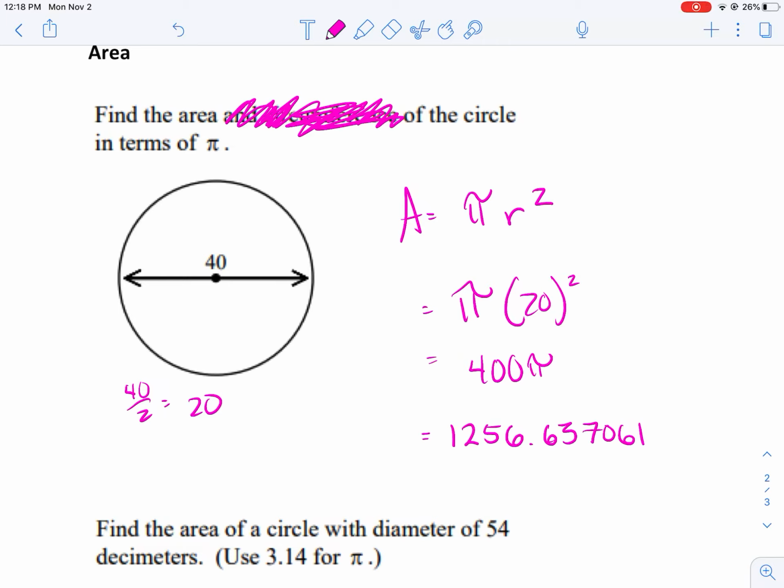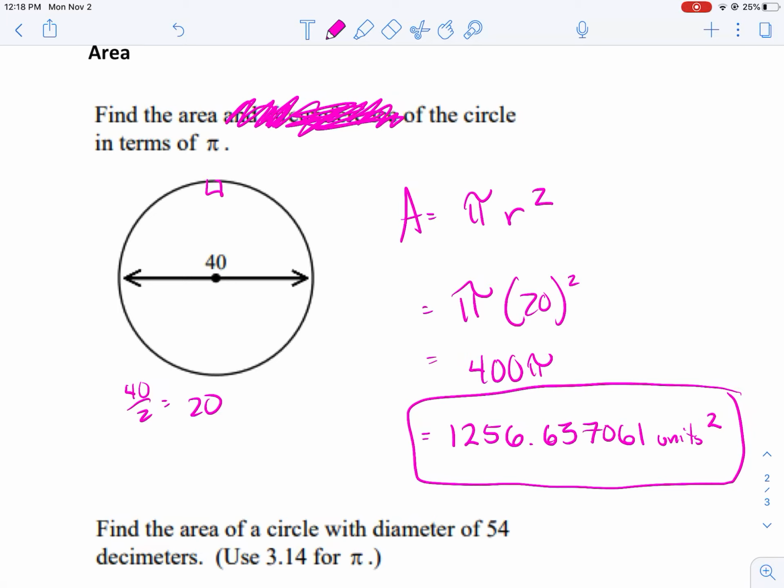Oh, we don't have any terms of measurement there, so we just put units squared, or 1,256.63 square units inside our circle.